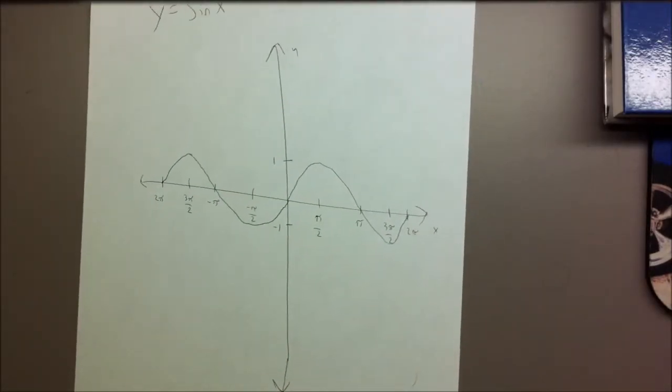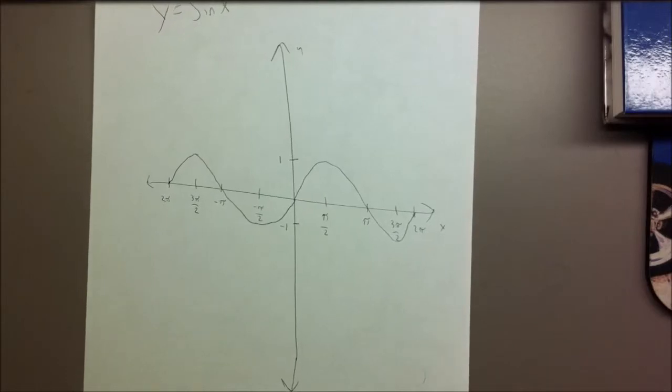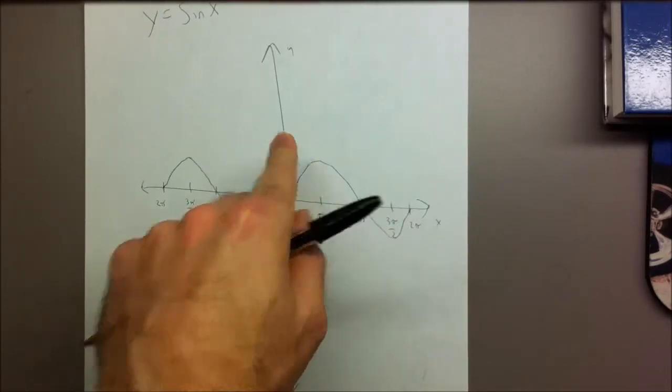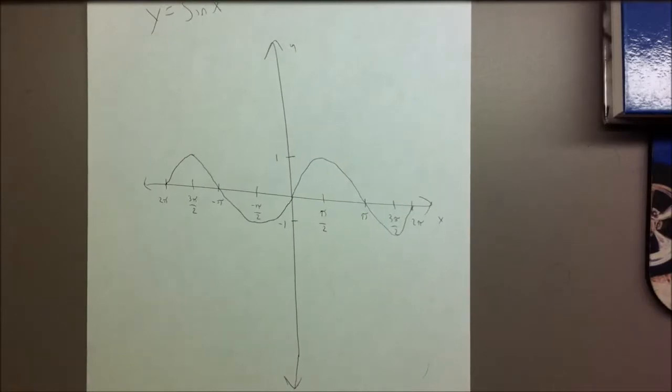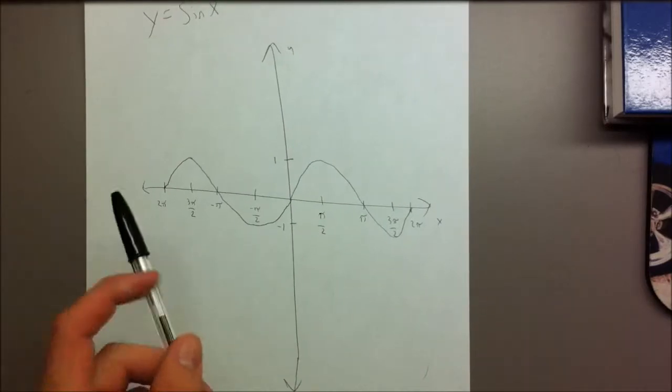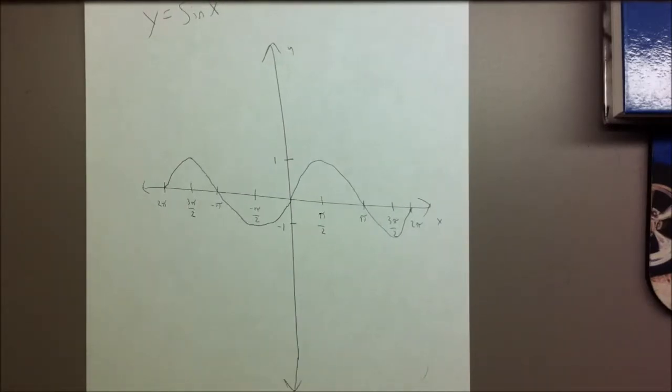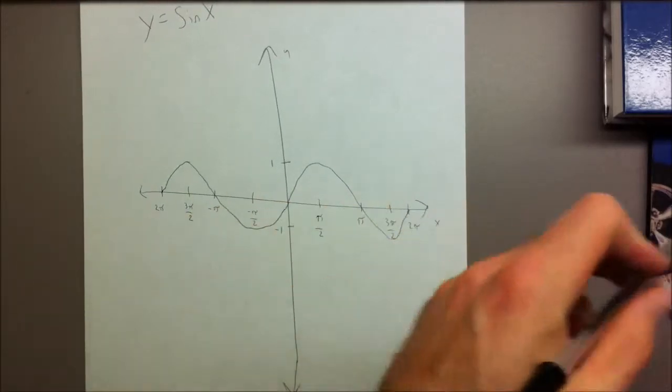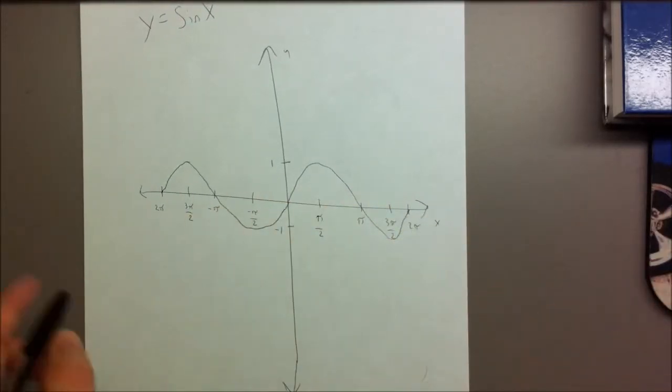And sine of x, cosine of x and tangent of x are not one-to-one functions. What I mean by that is, a one-to-one function is one where each x value has a corresponding y value and it doesn't repeat. But here you see there are multiple places. There are actually infinitely many. This goes infinitely in both directions.